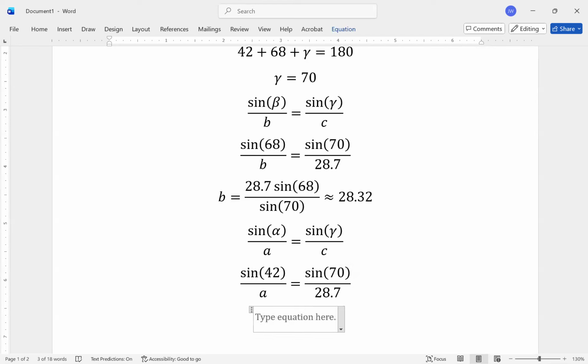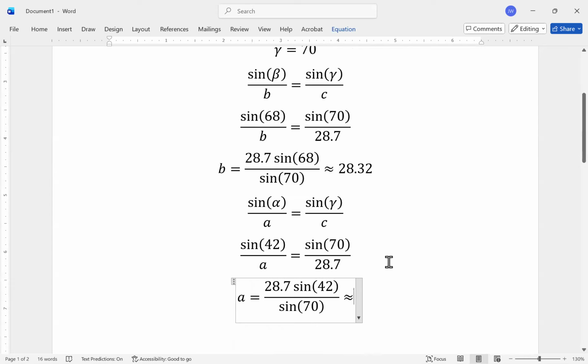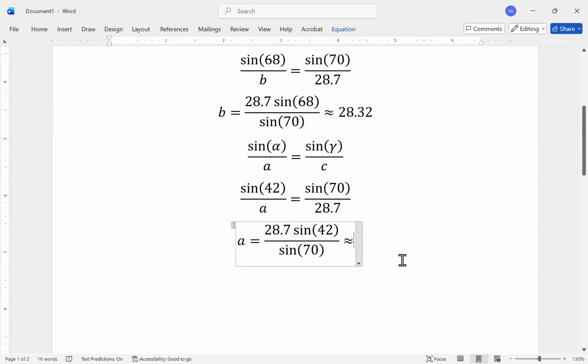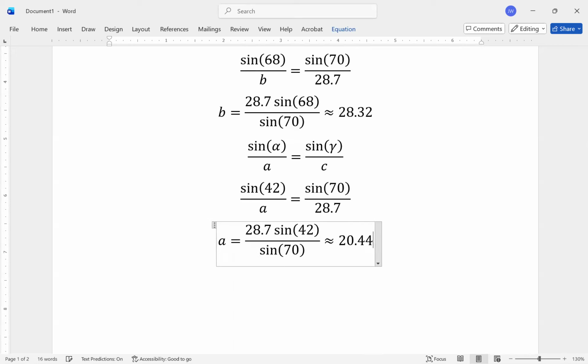So that means the value of a is equal to, again, cross multiply and divide, 28.7 times the sine of 42 divided by the sine of 70. That value is approximately 20.44.